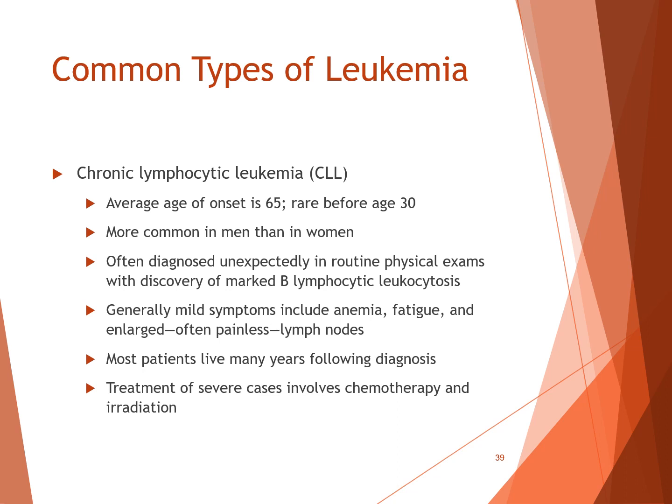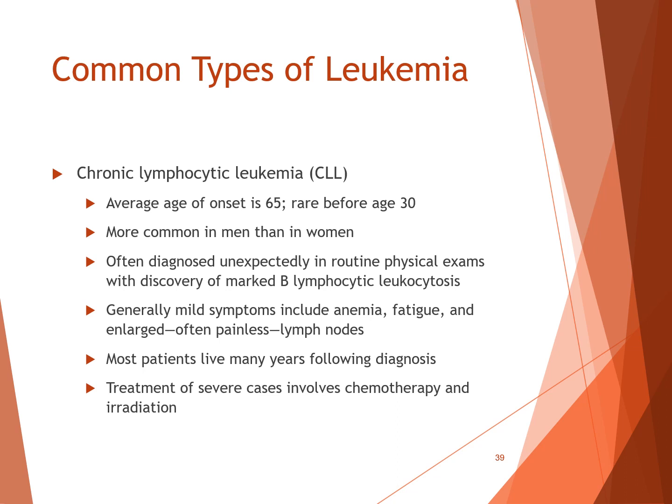Leukemia is the term that we use to describe a number of different blood cancers affecting the white blood cells. There are 4 different types that we're going to talk about, and it is important to note that with leukemia, we typically see leukocytosis.